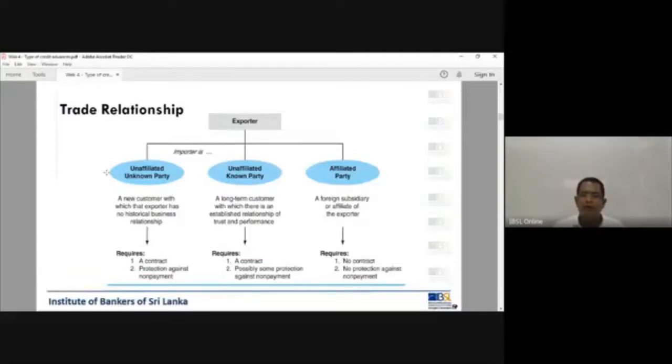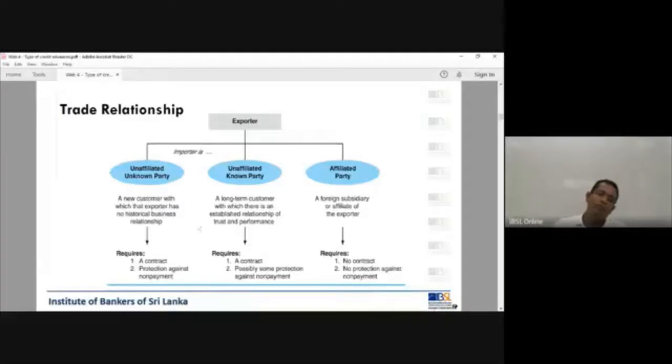Here, under the first line, we need a confirmed payment protection. The second one, we are a little relaxed. We need some sort of payment protection. Then the third one, we don't need a contract, so we don't want any contract. We don't want any payment protection as well, right?